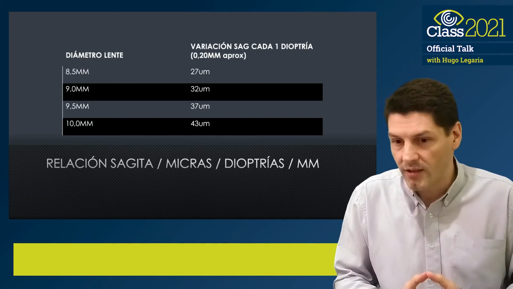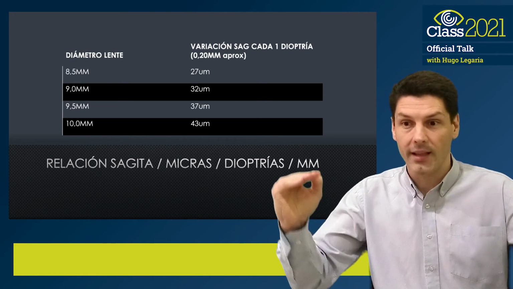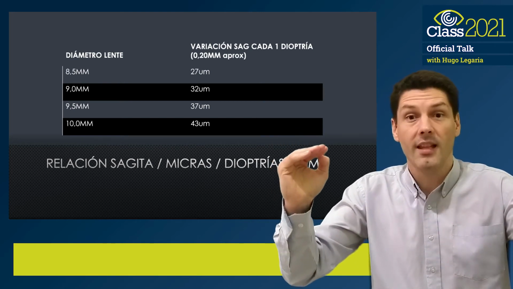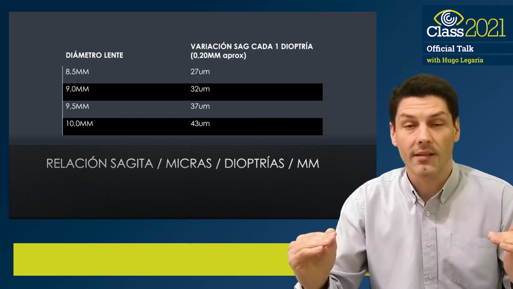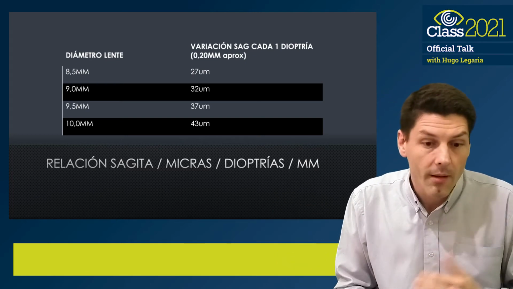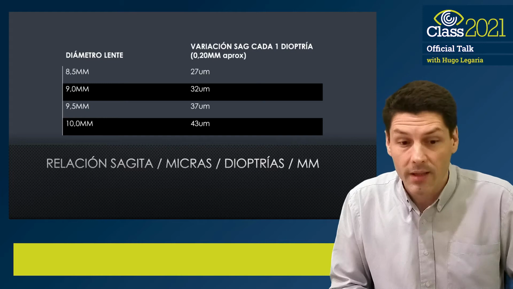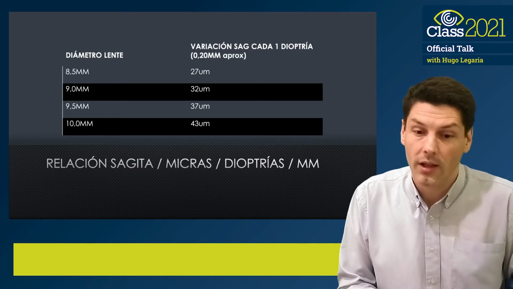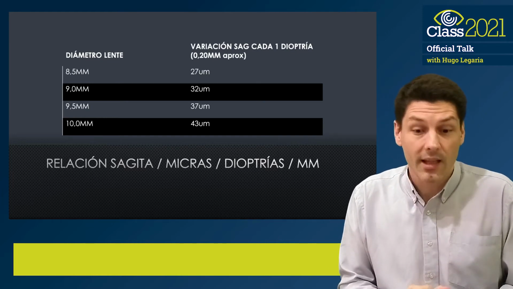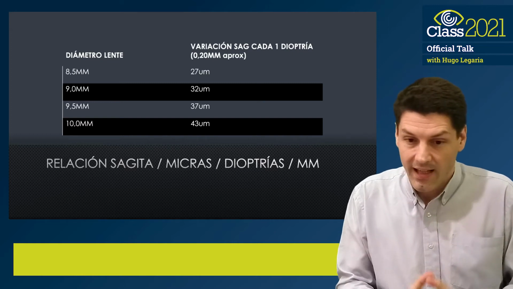That is, if I flatten, the edge will rise 27 microns, and if I adjust it, it will depress 27 microns. For a 9mm, 32 microns, for a 9.5, 37, and for a lens of 10mm, 43 microns.